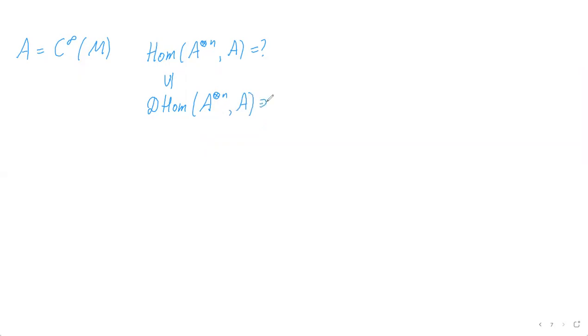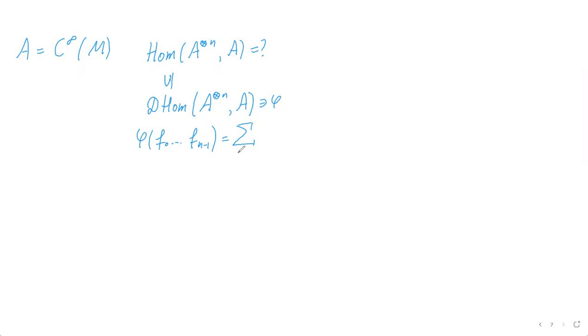So a cochain phi is said to be inside this subcomplex if phi of f0 through f(n minus 1) is given by the expression which we already met.